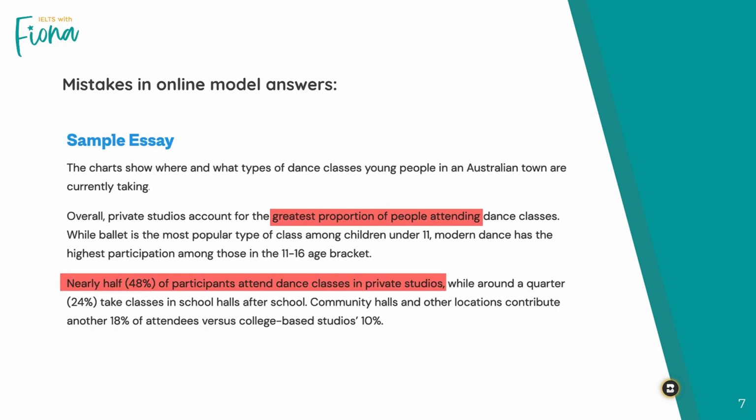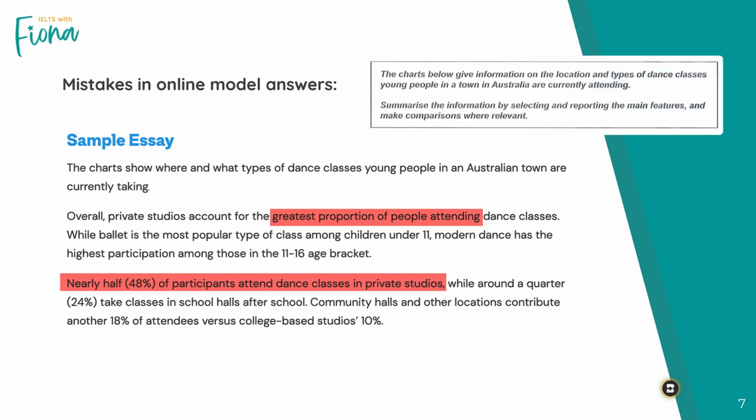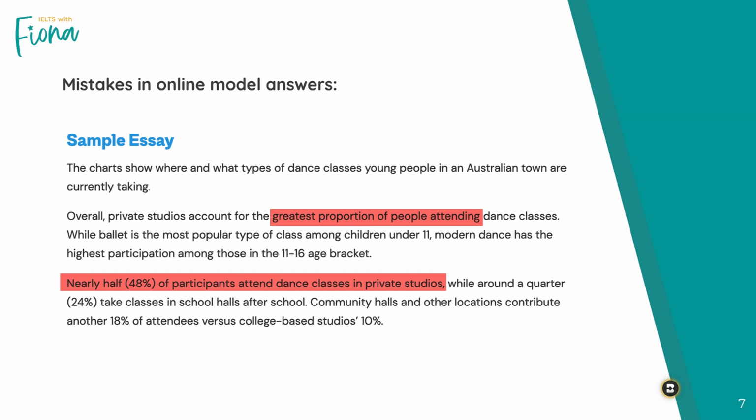So let's come back now to that problem of seeing the graph and immediately thinking it's about the people attending. I looked online and you can see one example here of a model answer which got it wrong. And this model says private studios account for the greatest proportion of people attending dance classes. That's wrong.